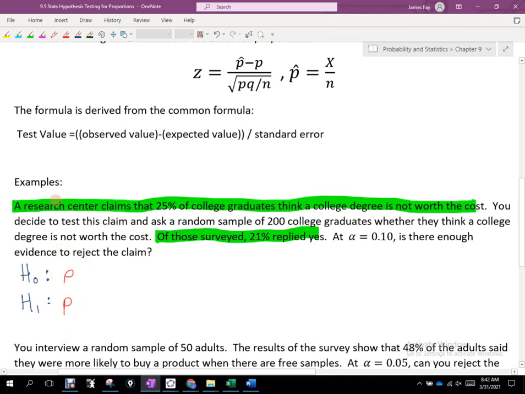So when it reads this, it says a research center claims that 25% of college graduates think a college degree is not worth the cost. So we're saying that is 25%, or I should write it as a decimal, 0.25.